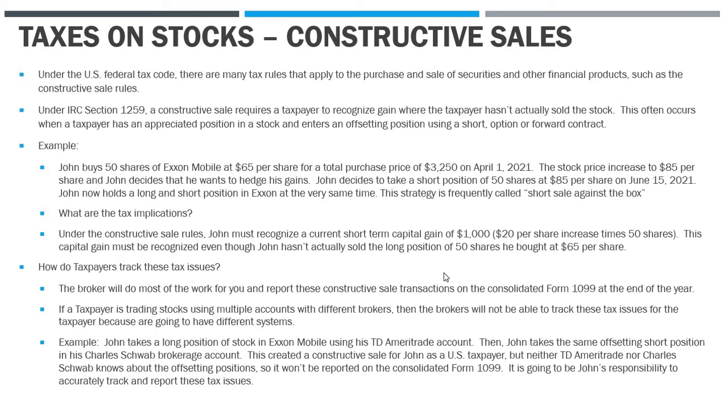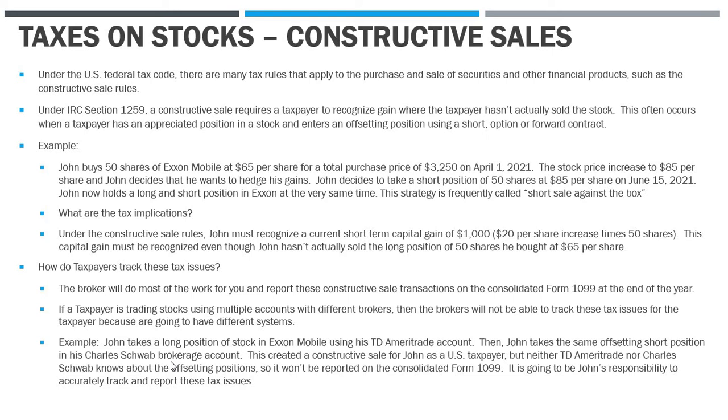Now, here's where it gets more complicated. If you're a U.S. taxpayer and you're trading using multiple accounts with different brokers, then the brokers aren't going to be able to track this because you're not using the same one. Okay? They're all going to have different systems. They don't talk to each other. So, for example, if John takes that same long position in Exxon using his TD account, and then he takes that offsetting short position in his Charles Schwab account, this still creates a constructive sale for John because he's the U.S. taxpayer.